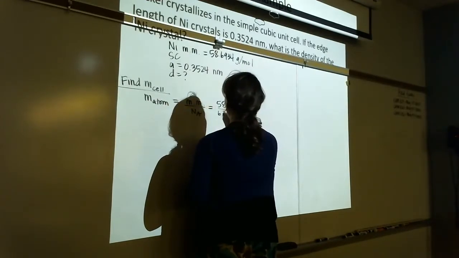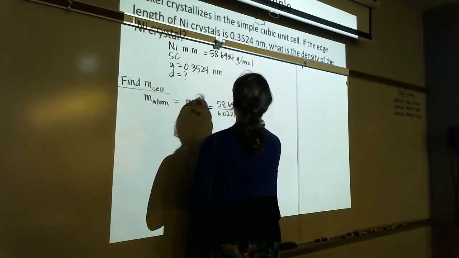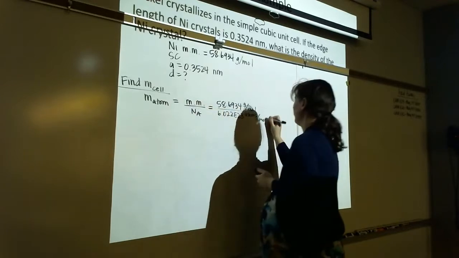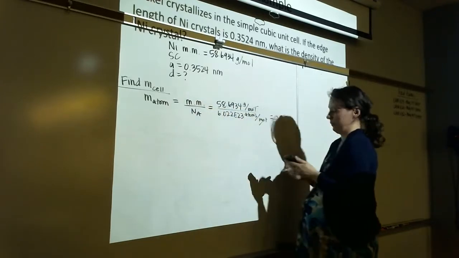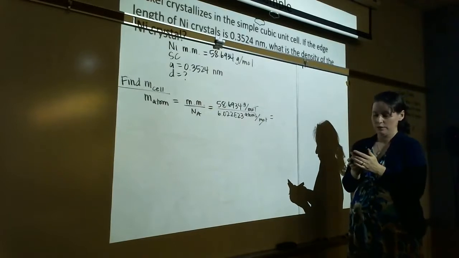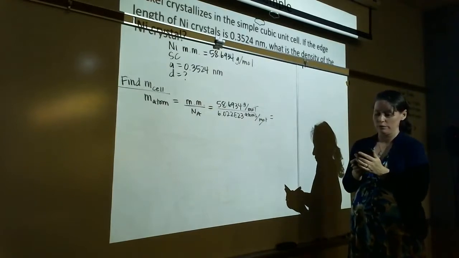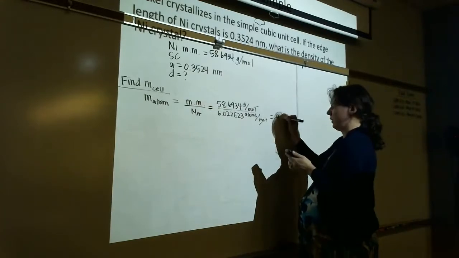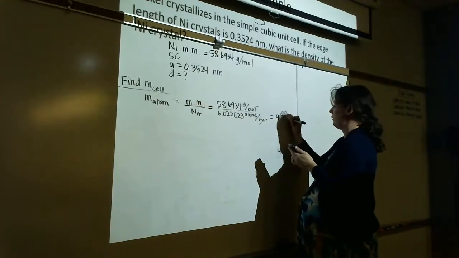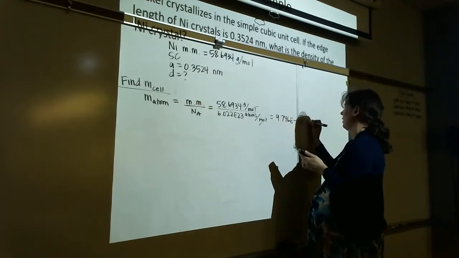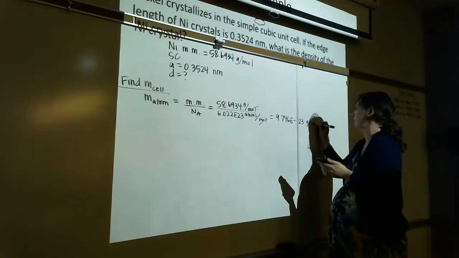Avogadro's number is 6.022 times 10 to the 23rd atoms per mole. So the mass of one atom is 58.6934 divided by 6.022 times 10 to the 23rd. That gives me 9.746 times 10 to the negative 23rd grams per atom.